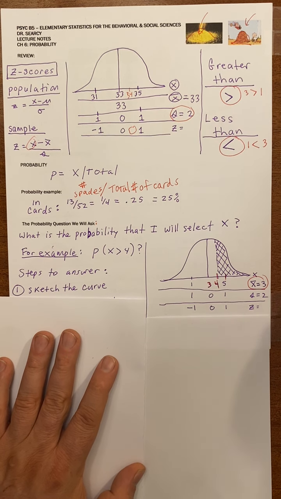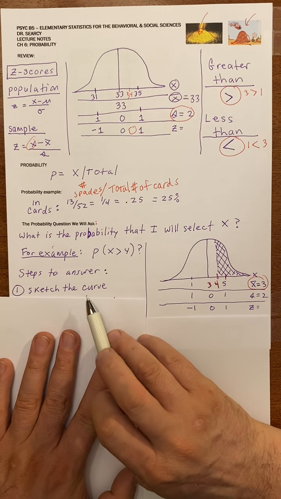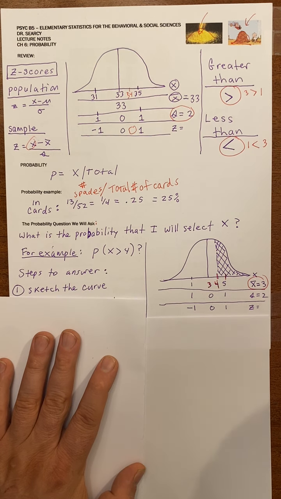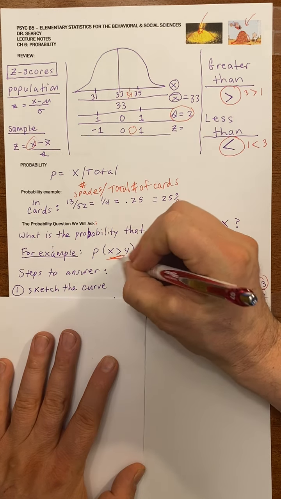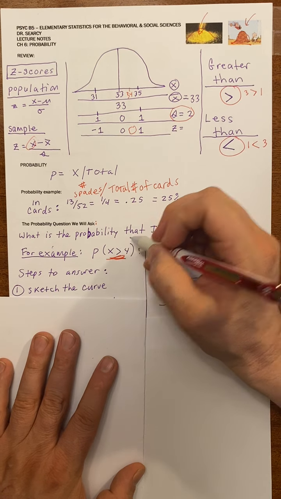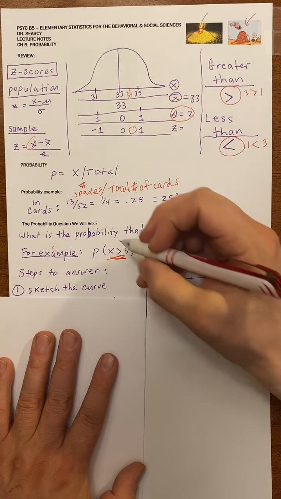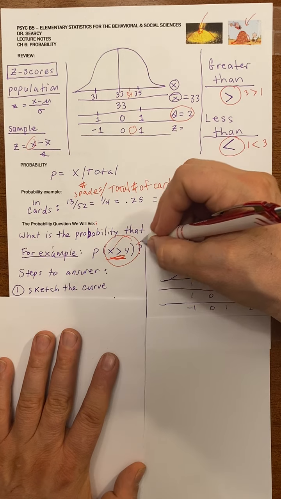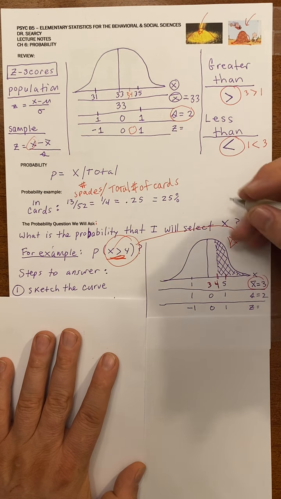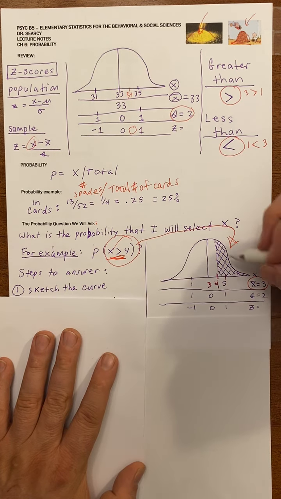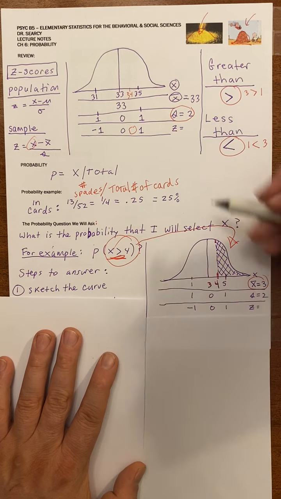Now, in sketching the curve, we're also starting to get a sense of exactly what X greater than 4 means. Specifically, what this means is that we're looking for the probability that we're going to find some X value not just at that 4, not even at the 4 really, because it's greater than 4.